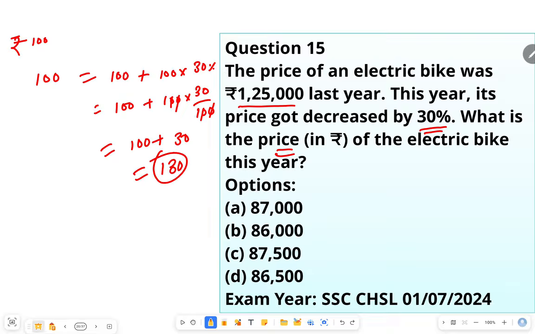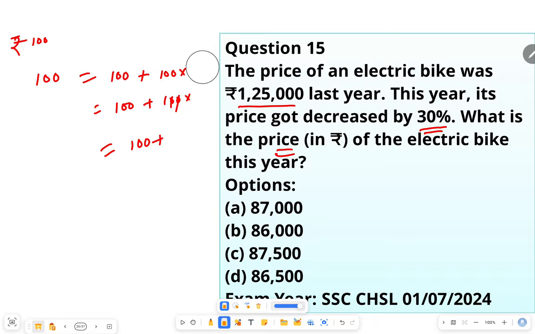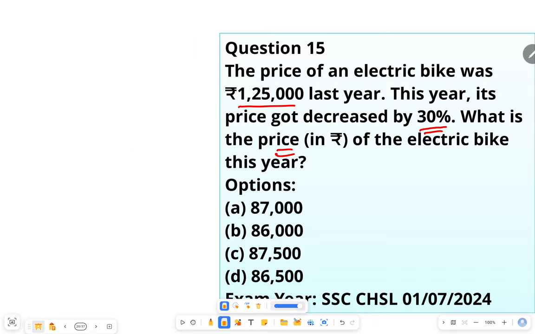You will say, so I had 100 rupees, now I got the increment on that number by 30%, and now the total rupees I have is 130. Got it? Very good. Instead of writing like this, we can also write 100 times 30 divided by 100. We can come to the same number.